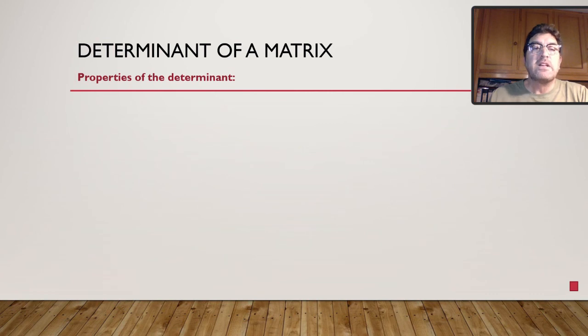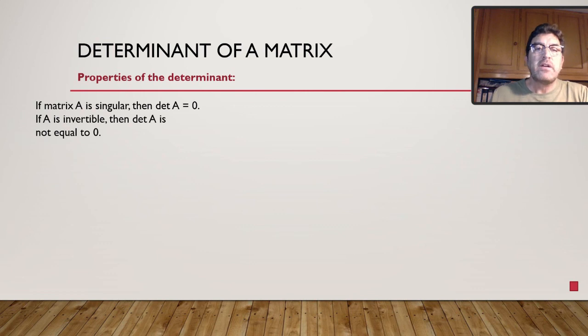Okay, so let's see. If a matrix A is singular, then the determinant is naught. Remember, singular means the determinant is naught. Later we'll see that if it's invertible, then the determinant is not equal to 0.